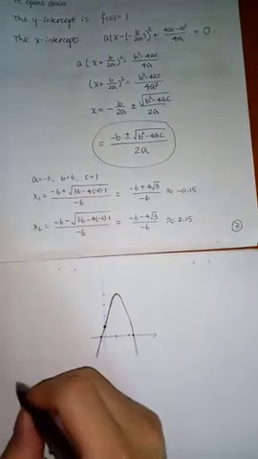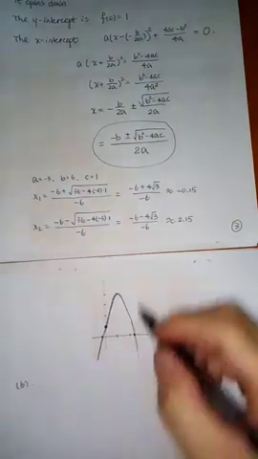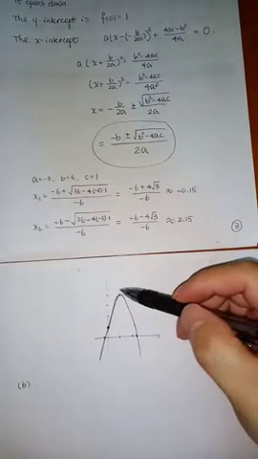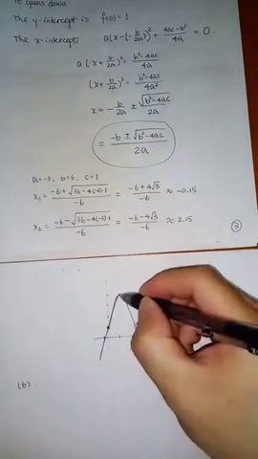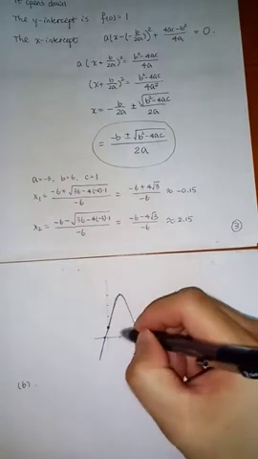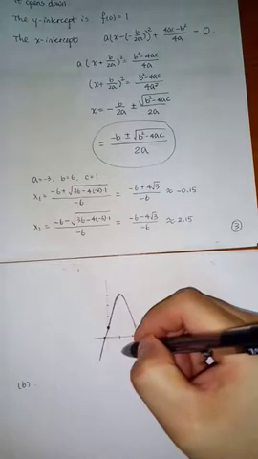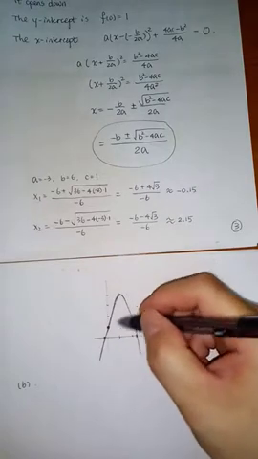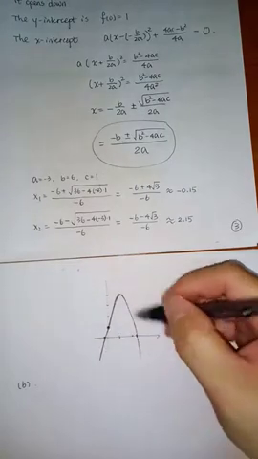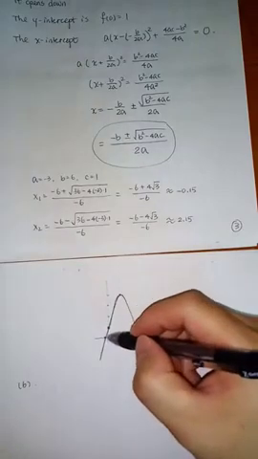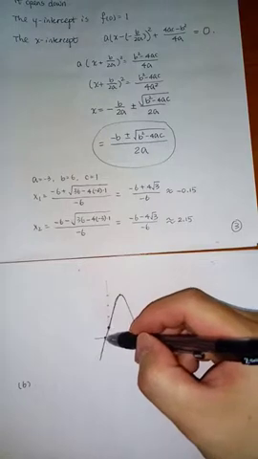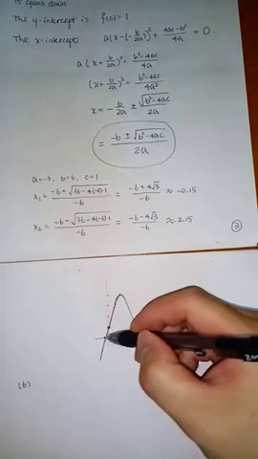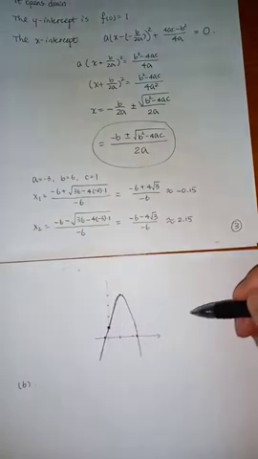And from here, let's see part B. Okay, so to sketch the graph, you determine the vertex, you determine the axis of symmetry, and then you get the opening, so you have up and down. And these 3 points just tell you how to sketch the graph when it crosses the y-axis and x-axis.